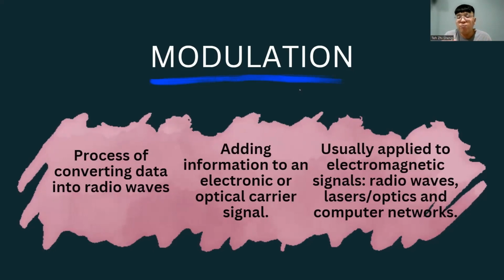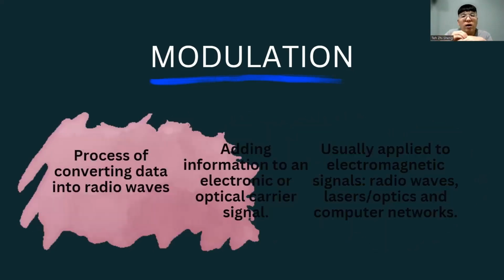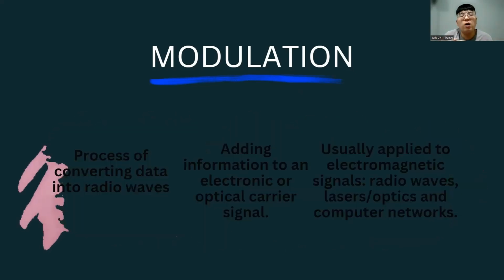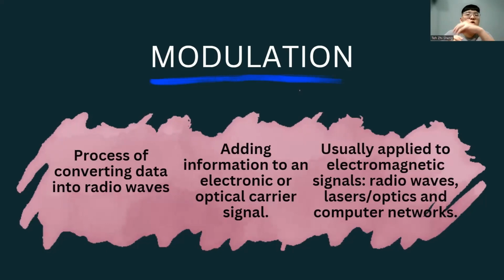The data is added into the radio wave, and we call the radio wave the carrier. It's just like a car: we add the information inside, and it travels very far away to our phone or destination, where we extract the data and get the information we want. That is modulation.